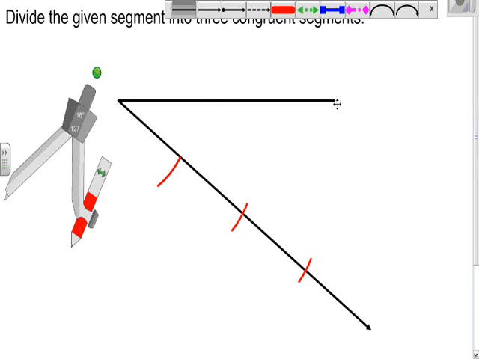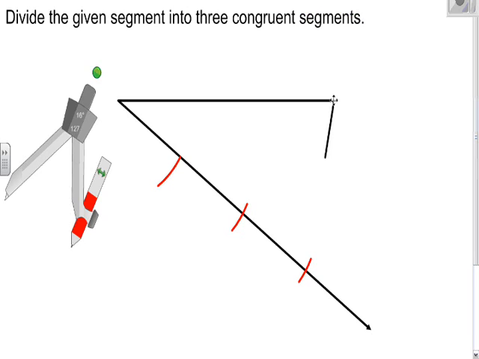Then just draw a straight line from the other endpoint to our final marked off length. Then if we construct parallel lines to this one we just drew, construct one here and here, the segments along our original side that we're trying to divide, those segments will be congruent since the segments on the ray that we drew were congruent and the lines were parallel.